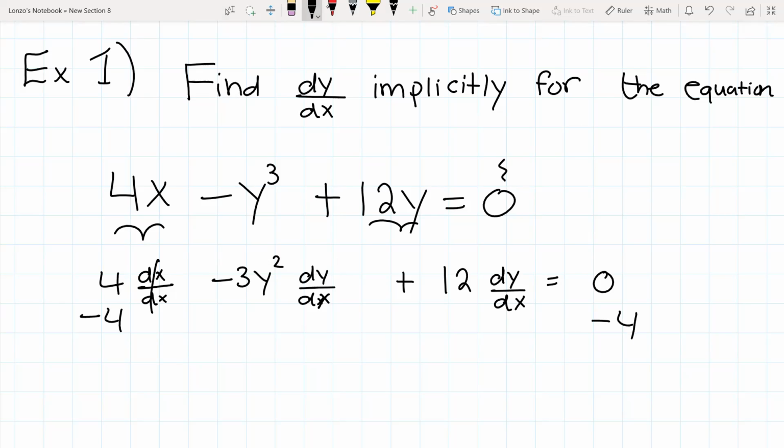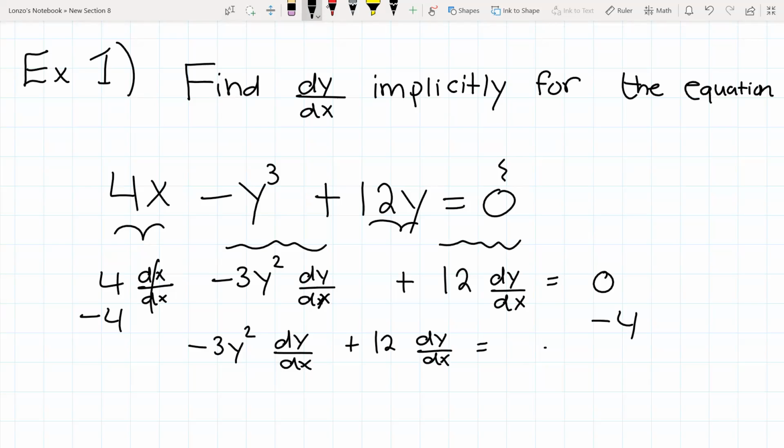This one has a dy dx and this one has a dy dx. So our equation on the left side is going to be negative 3y squared dy over dx plus 12 dy over dx equals negative 4.